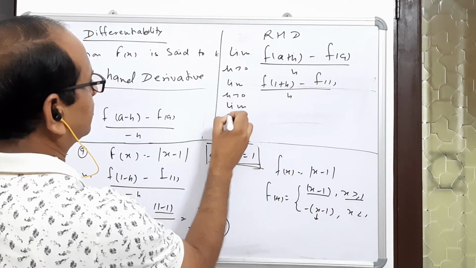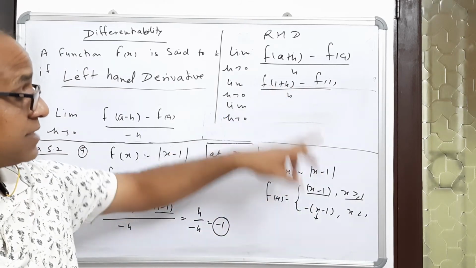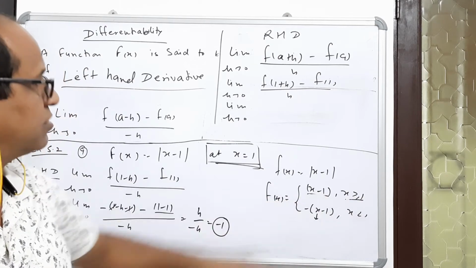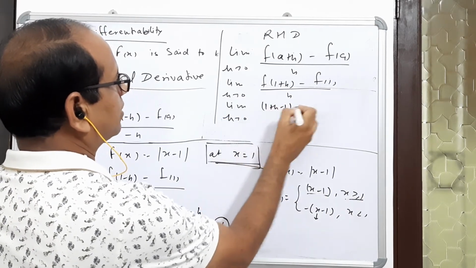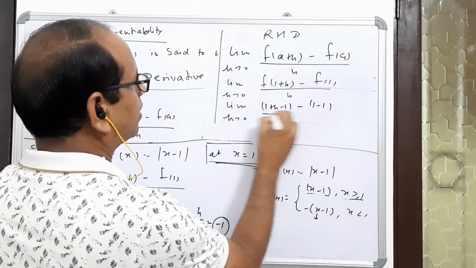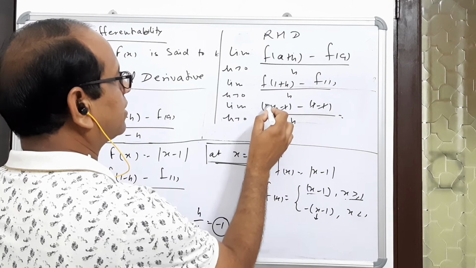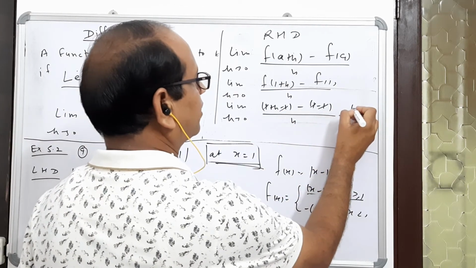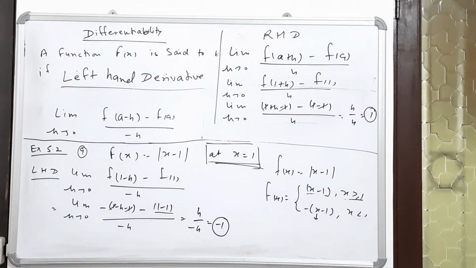So it is limit h tends to 0 of (f(1 plus h) minus f(1)) upon h. Now 1 plus h means greater than 1, so we use this function: 1 plus h minus 1, minus 0, upon h. The 1 and minus 1 cancel, so it is h upon h. The final answer is 1.